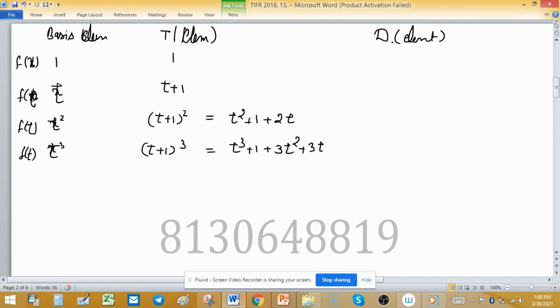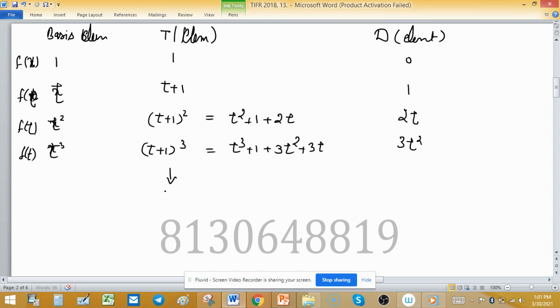So D sends elements to their derivative: the derivative of 1 is 0, the derivative of t is 1, the derivative of t square is 2t, and the derivative of t cube is 3t square.